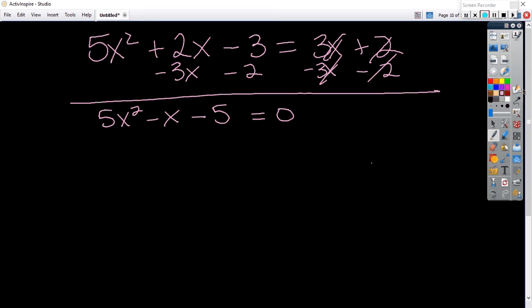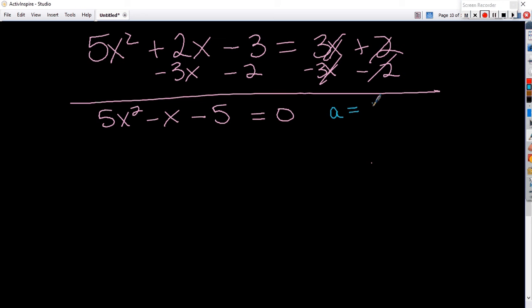This is a lot of work, but it's not hard. It's just plugging in and simplifying. Especially not hard if you have the formula to use. You know what I'm saying? What is A? 5. B? Negative 1. See that negative sign in front? If the whole term is missing, C equals negative 5. So now we plug and chug.